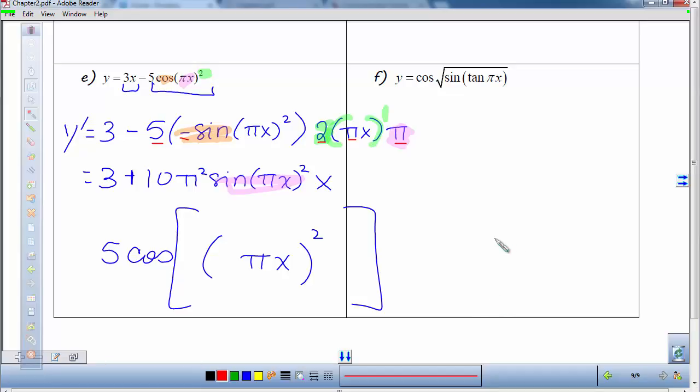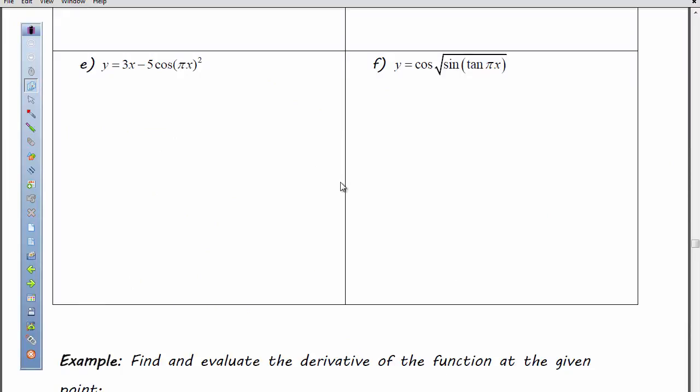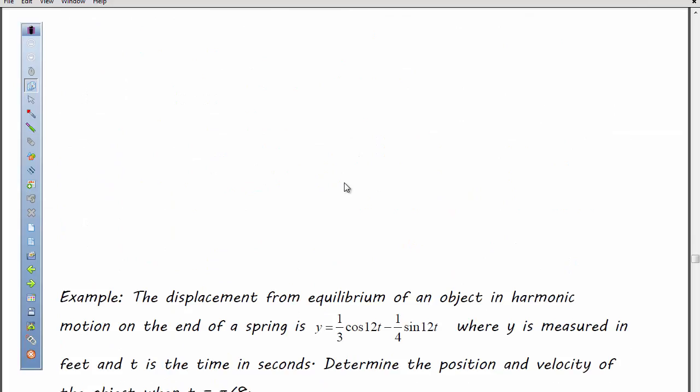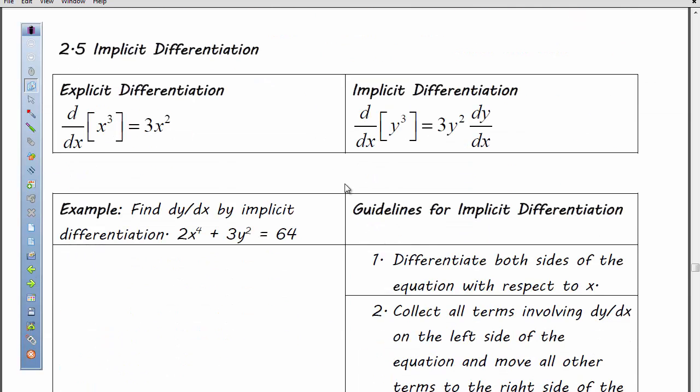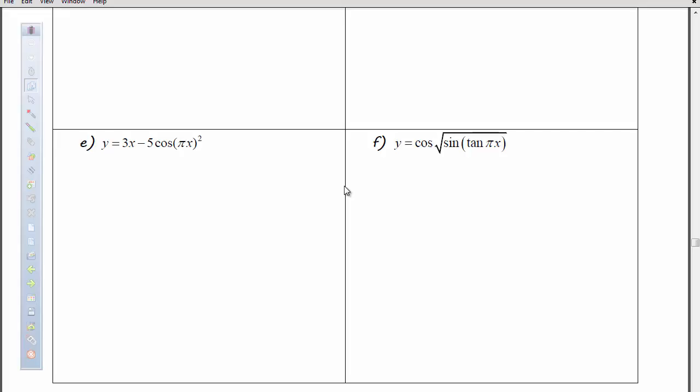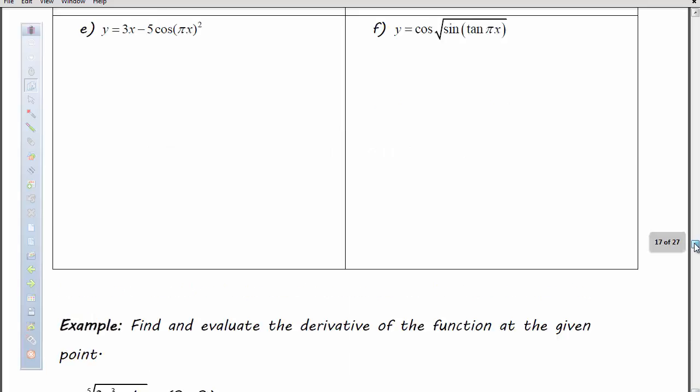All right, very good. F could be a beast, but I guess we should try it. Let's see where we're going after this. All right, let's tackle it. We're not afraid. All right, first we need to try to get an understanding of it.